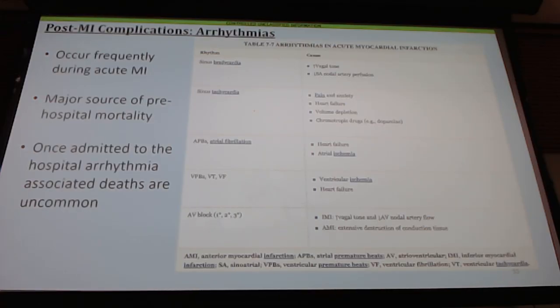Arrhythmias are a major concern after this because within the myocardium runs your conductive pathways, right? And if those conductive pathways are put under stress, or the cells of the conductive pathway die, then you are set up for developing arrhythmias.